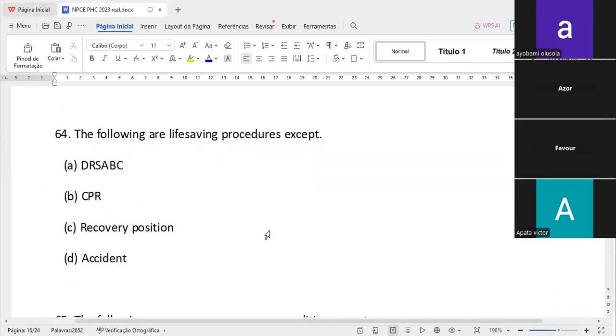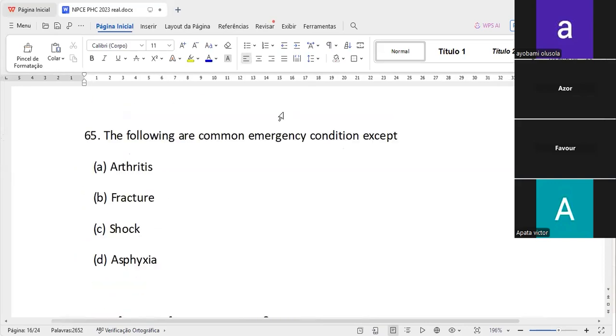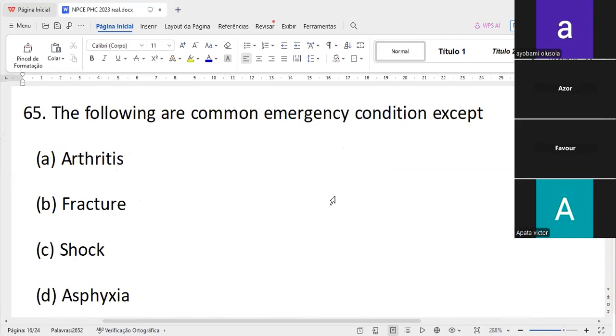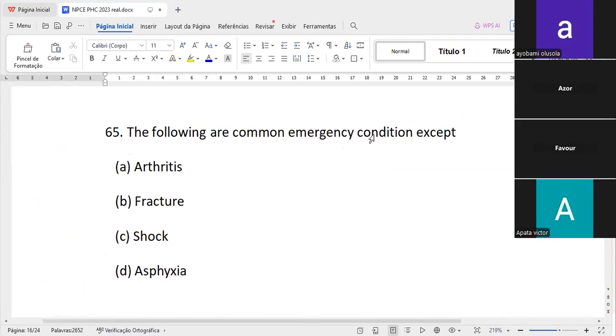The following are life-saving conditions except accident. Correct. The following are common emergency conditions except arthritis.